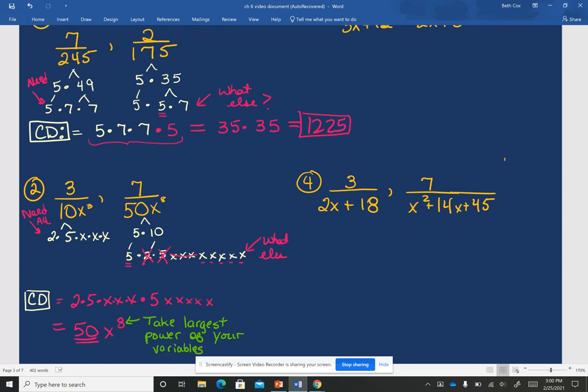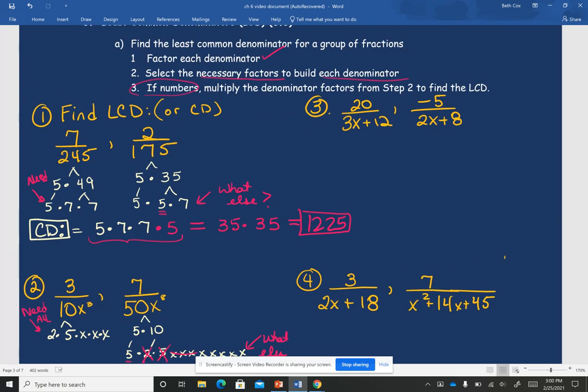That's a little trick. We knew the number, and then take the largest power of the variable. So now if you know the number, go for it. If you can pick out the largest power of the variable, wham, go for it. You don't have to do any of it. All right, let's look at number 3 and number 4.